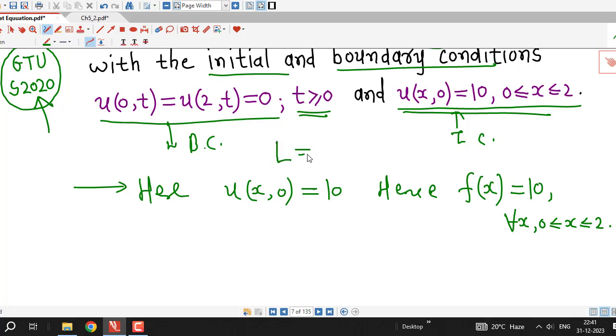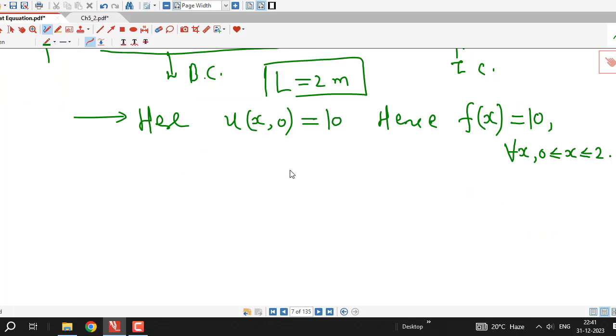Here the length of the bar is 2 meter, that is capital L is 2. So first we find the value of Bn.